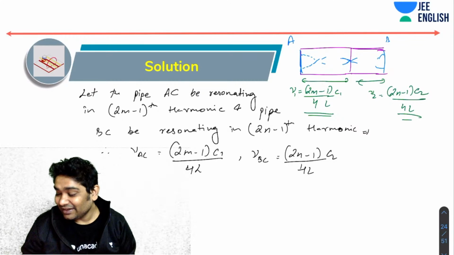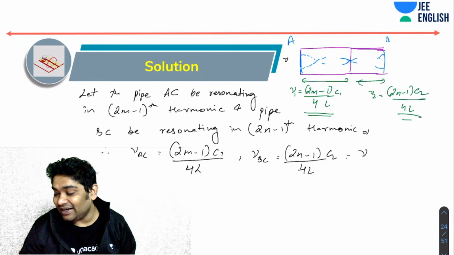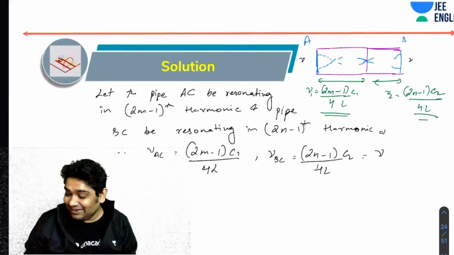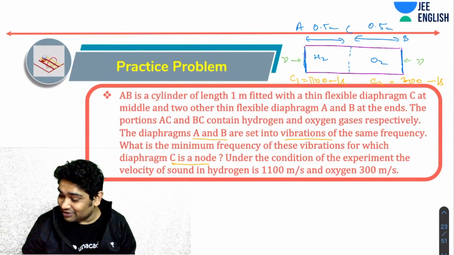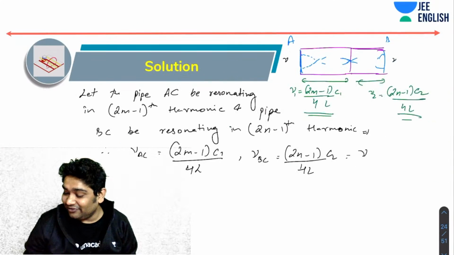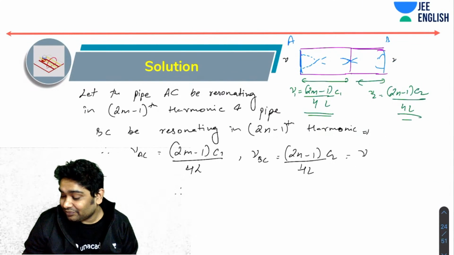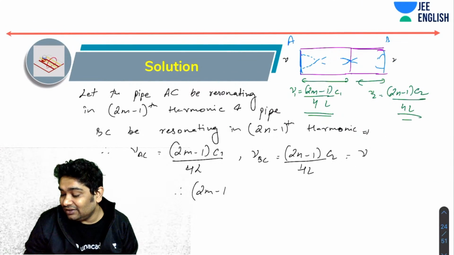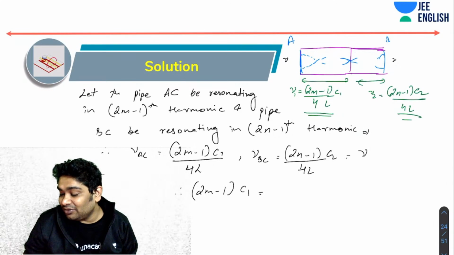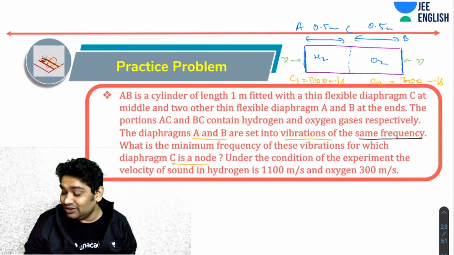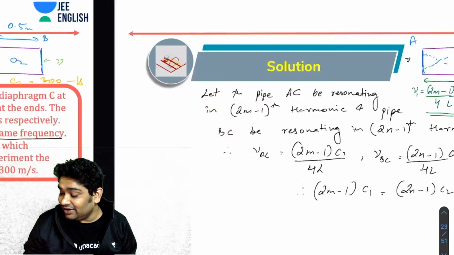Equal to the frequency. So I had told you this side and this side both are being set up into vibrations of the same frequency. So what I will realize is therefore (2m minus 1) C1 would be equal to (2n minus 1) C2. C1 was 1100.